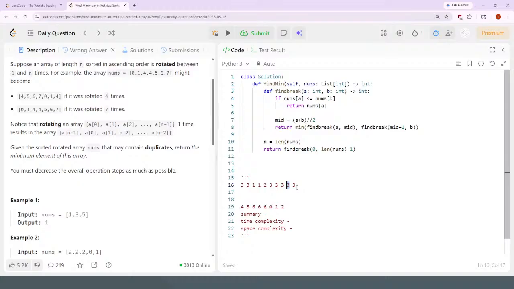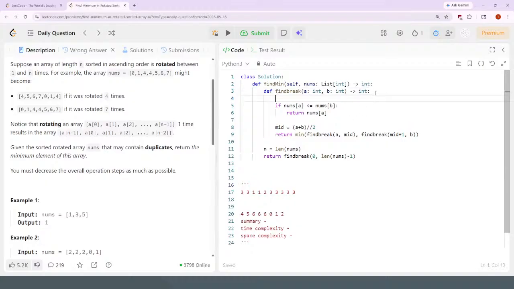Okay, I guess I could recurse just popping the first element. So this is the super edge case.